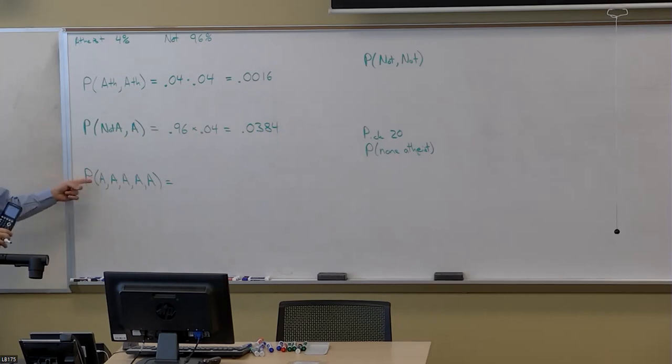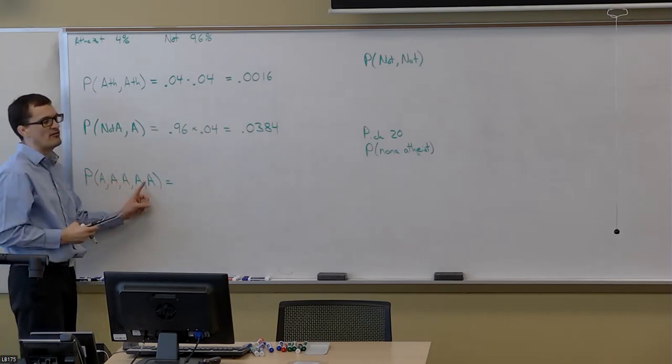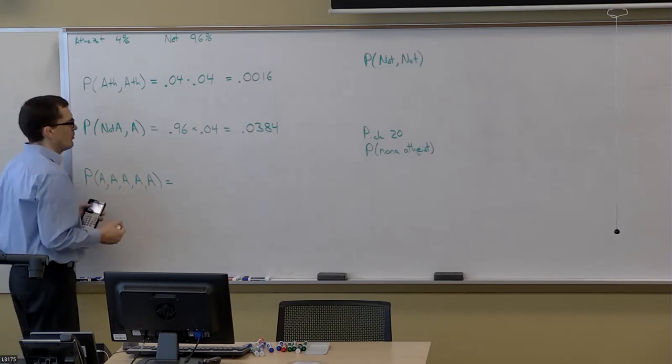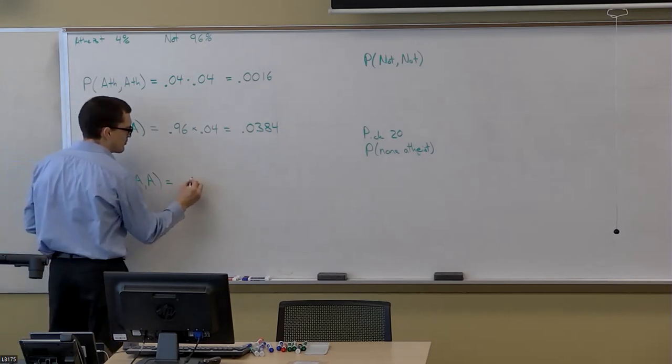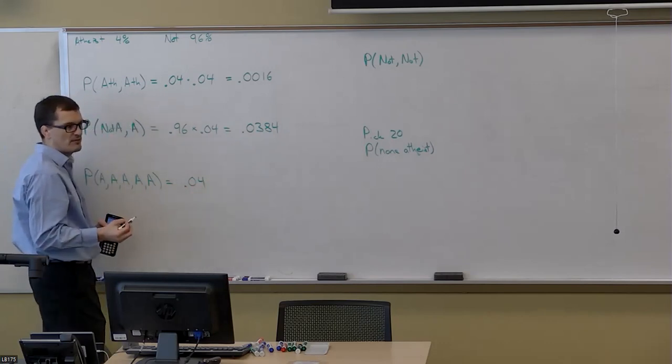Now, what's the probability that you get 5 people and you get atheist all 5 times? Well, that's a 4% probability times itself 5 times in a row.